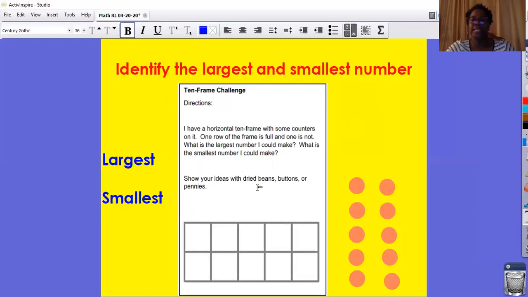Show your ideas with dried beans, buttons, or pennies. Okay? So you don't have to use the counters that I have. If you have counters at home, that's fine. You can use those. But if you have pennies or nickels or dimes or quarters or beans or whatever else you can come up with to put things in the 10 frame to use to count would be wonderful.